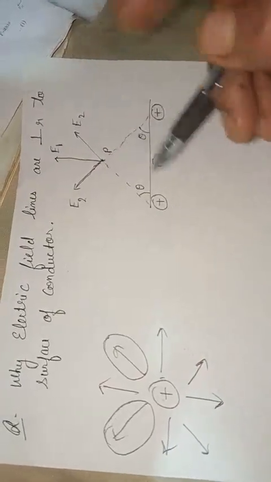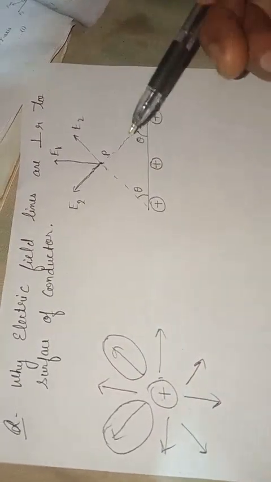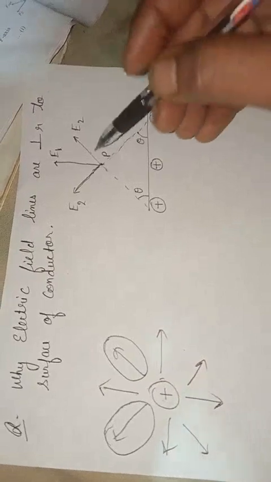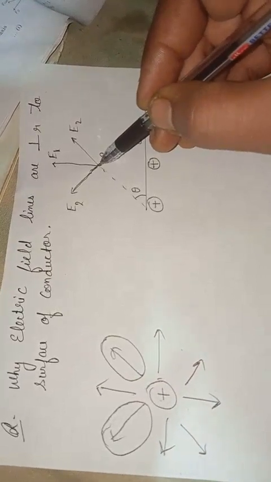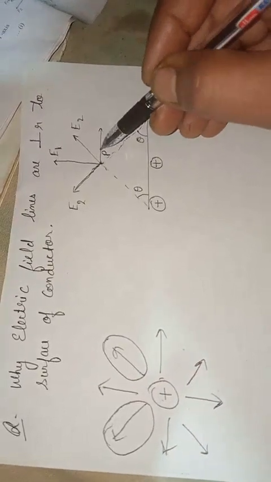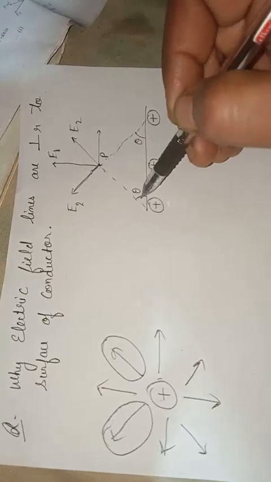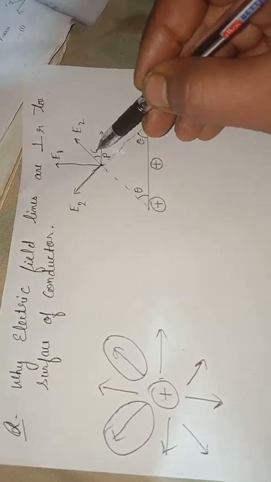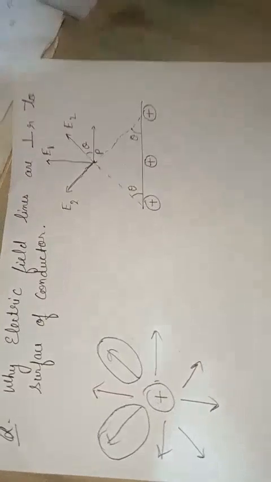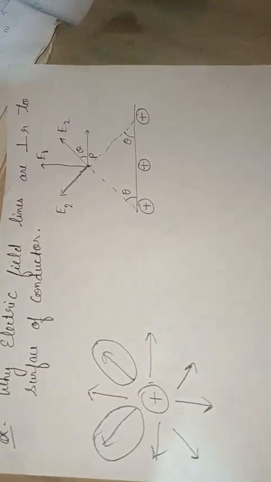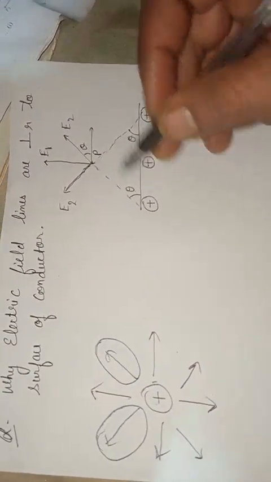Now if we have to break these electric fields E2 into horizontal and vertical components, if this is angle theta, then this angle is also theta, because, as you all know, these are corresponding angles.